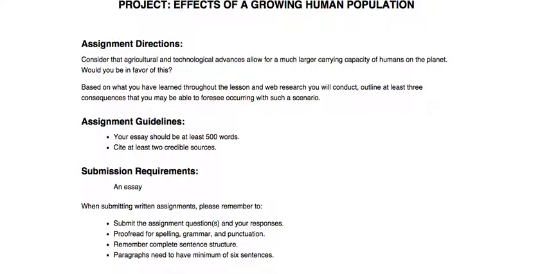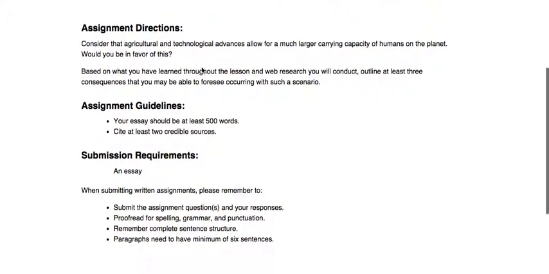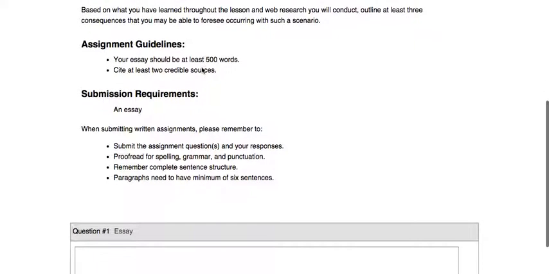Would you be in favor of this and why? And then the second part to this is based on what you learned, I want you to tell me three consequences that you may be able to foresee occurring if agriculture and technology allowed for a much larger carrying capacity on the planet. So there's two parts to this.